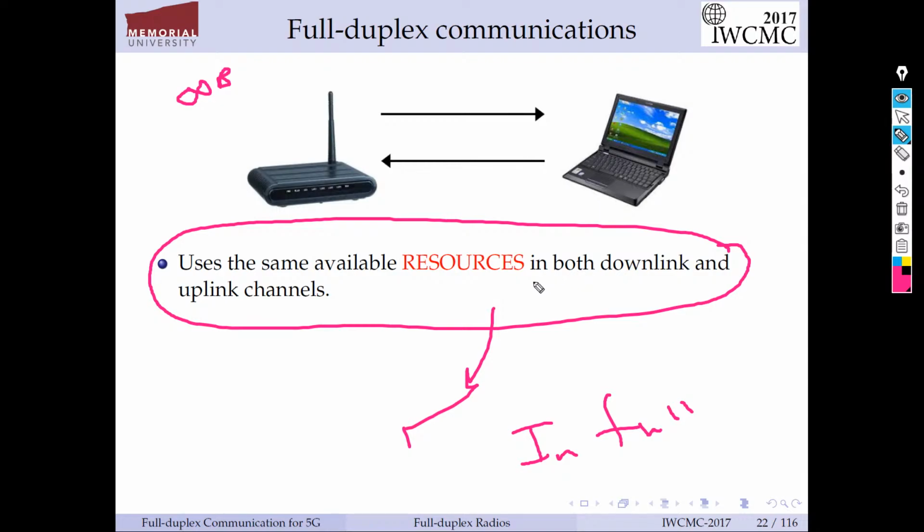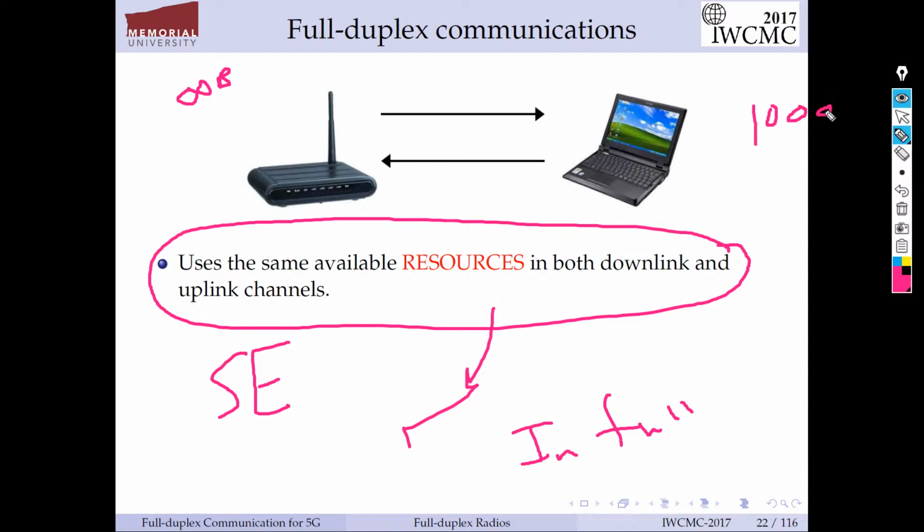So this will result in improving your spectral efficiency significantly, because now instead of using two links, you are using one link, one resource for sending your data and capturing your data, which basically doubles the spectral efficiency per device. So imagine you have 1,000 devices.